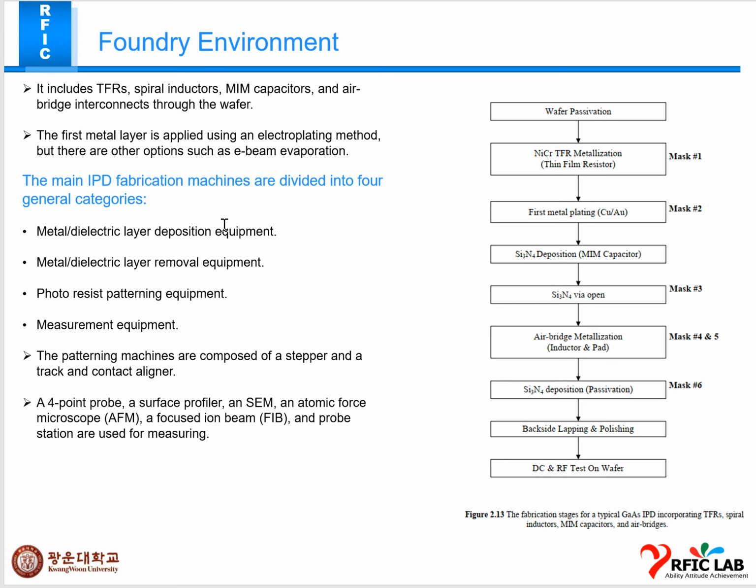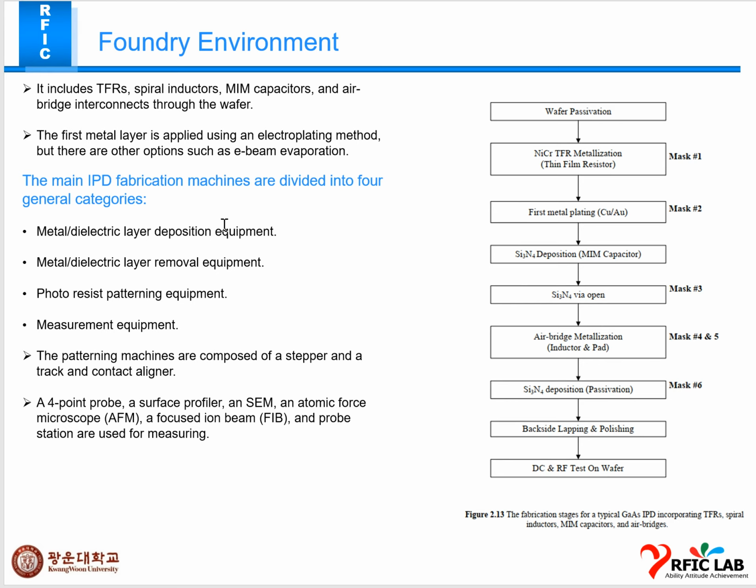The first metal layer is applied using an electroplating method, but thereafter options such as e-beam evaporation are used. The main IPD fabrication machines are divided into four general categories: metal and dielectric layer deposition equipment, metal and dielectric layer removal equipment, photoresist patterning equipment, and measurement equipment.